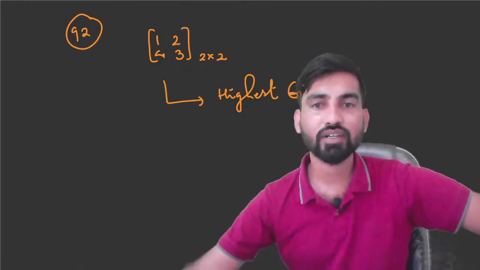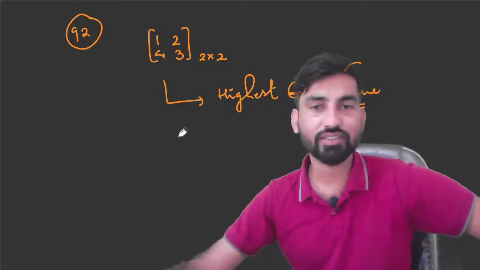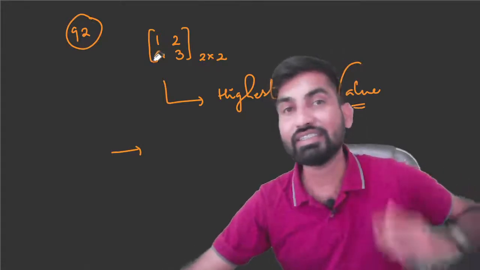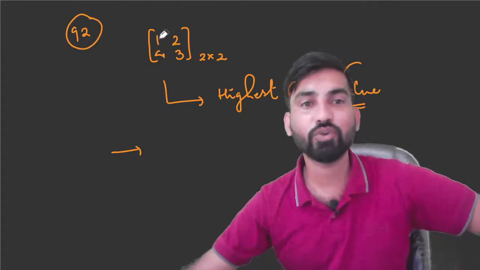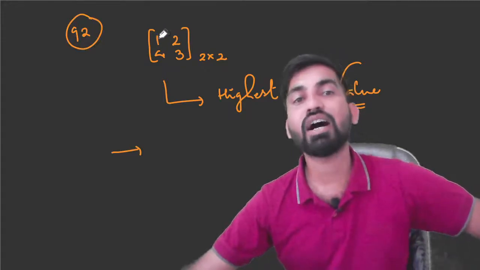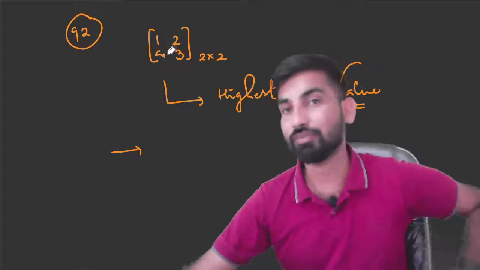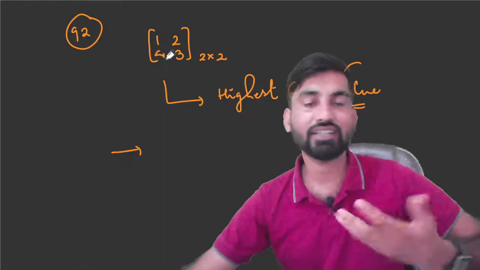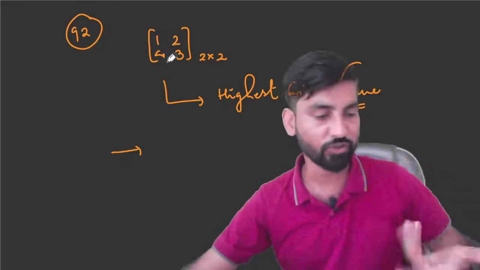Anyone can solve this question if you know how to find the eigenvalue, right? If you take lambda away from the diagonal, this matrix must be a singular matrix, then you can get the characteristic equation and get the values of lambda, and you can pick the highest value, right?